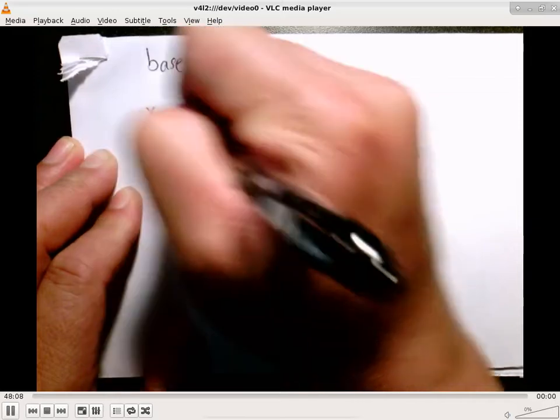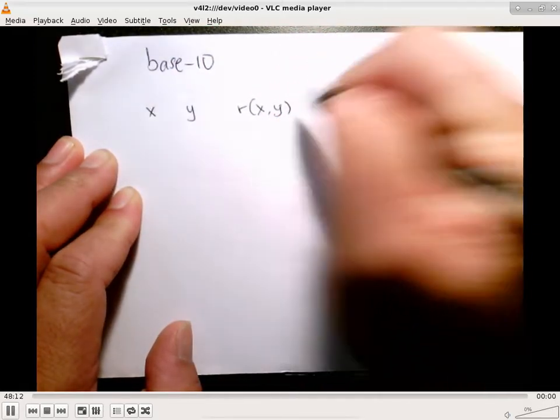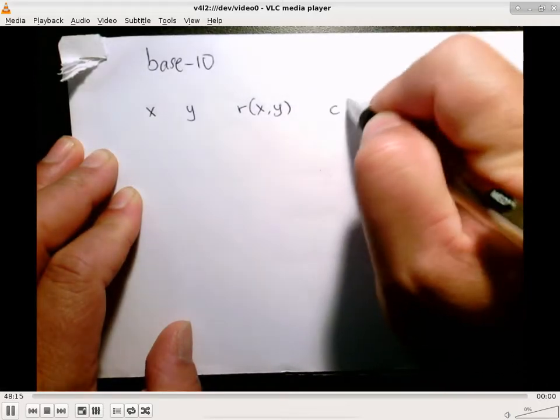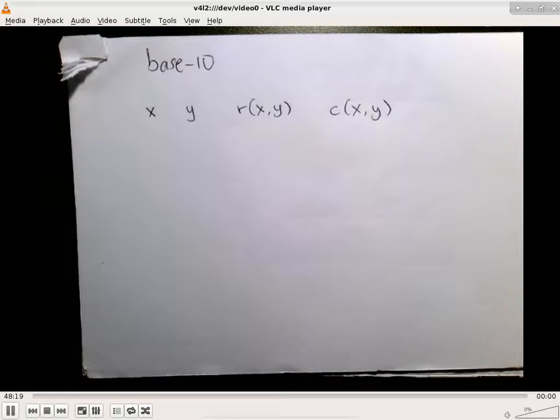We have X, we have Y, and then we have R, which is the result of adding X and Y, and C of X, Y, which is the carry of adding X and Y. X can be only a single digit, and Y can only be a single digit, in base 10 in this case.